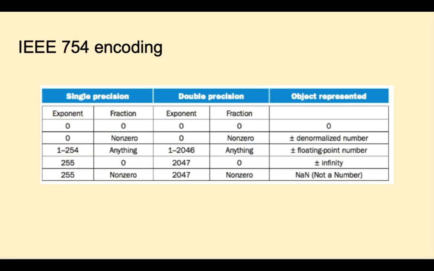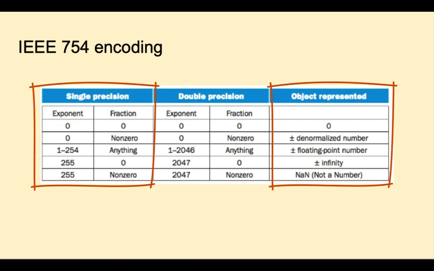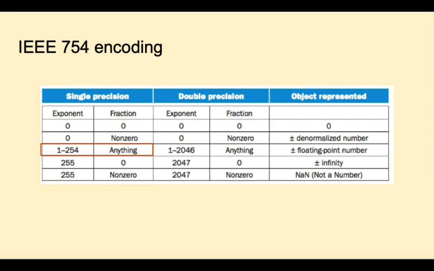This chart from the book gives greater details about the 754 encoding scheme. Let's focus on the single precision. Exponents in the range 1 to 254 with anything in the fractional part are normal numbers. An exponent of 0 and a fractional part of 0 is really 0.